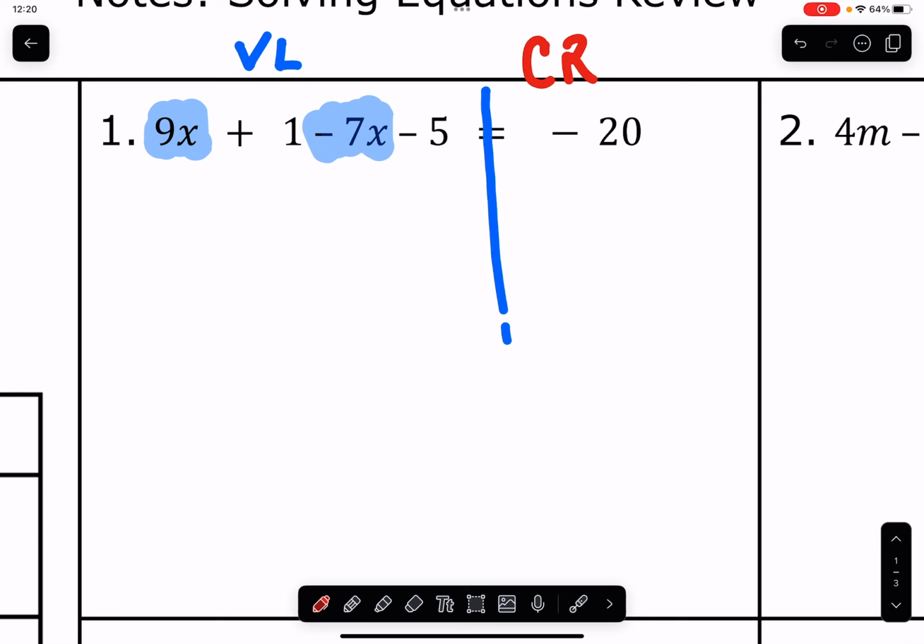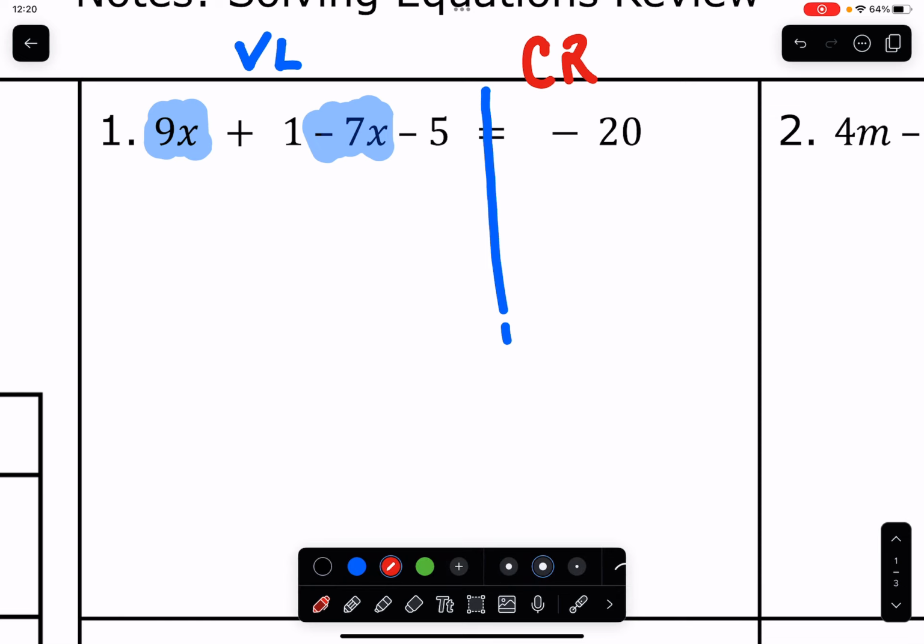So right here, let me just rewrite and move some things around, and let me write 9x minus 7x on the left side of this equal sign.